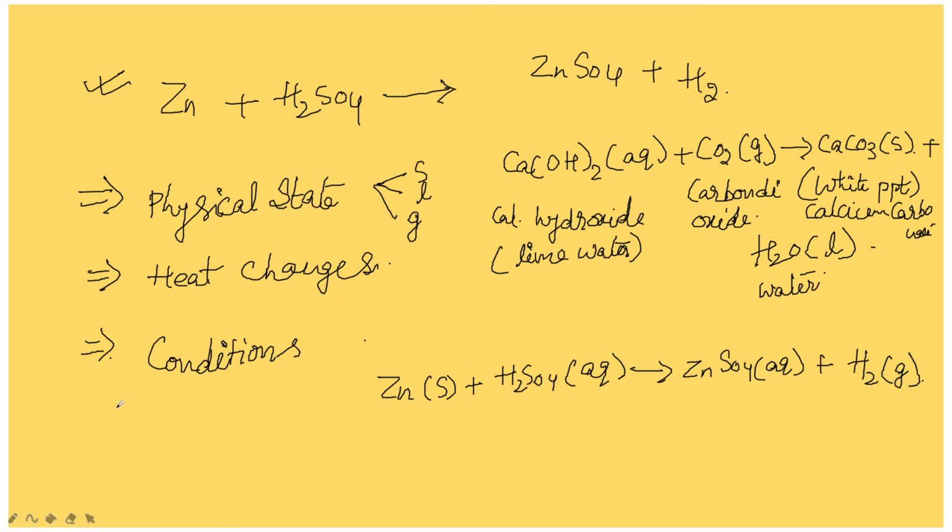Now the heat change, how can the heat change be shown? Next one: those reactions in which heat is evolved are exothermic reactions. So exothermic and endothermic reactions. Carbon is a solid, plus oxygen is a gas, gives rise to CO2, which is also a gas, plus heat is produced.